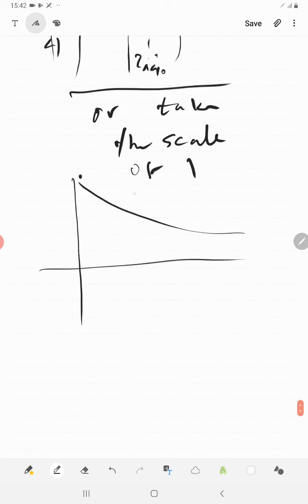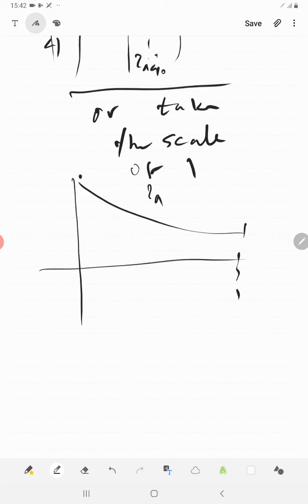Oh, sorry, this is not y, it's IA. Or you take the IA to 1. You have it also, I can see it on the project, okay?